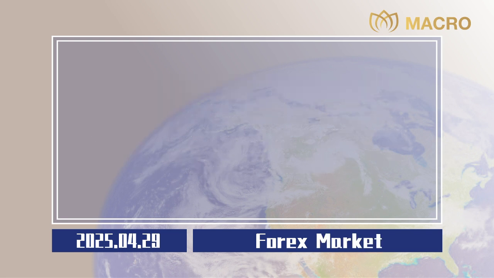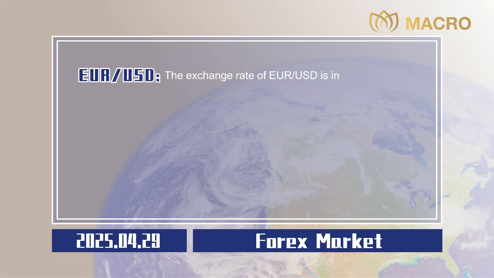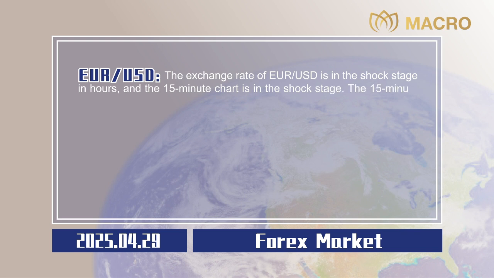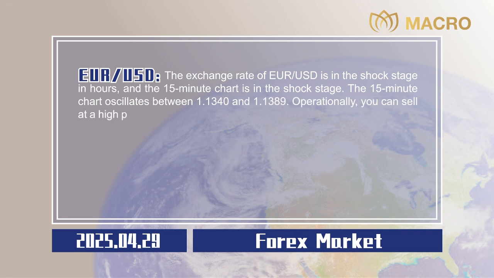Forex market. Euro to US dollar. The euro to US dollar exchange rate is in a consolidation stage on the hourly chart, and the 15-minute chart oscillates between 1.1374 and 1.1395. Operationally, you can sell high and buy low in this interval.